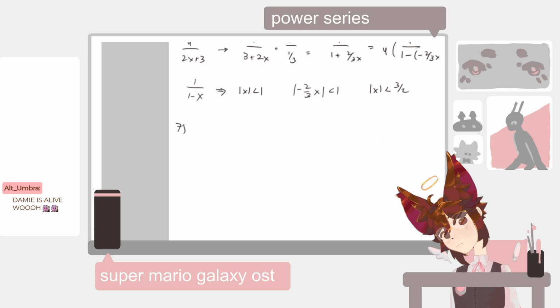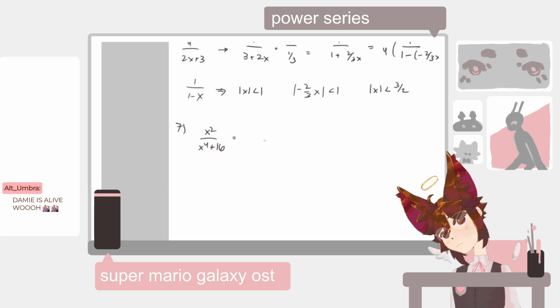So 7 is same thing. It's x squared over x fourth plus 16, which, how do I want to do this?